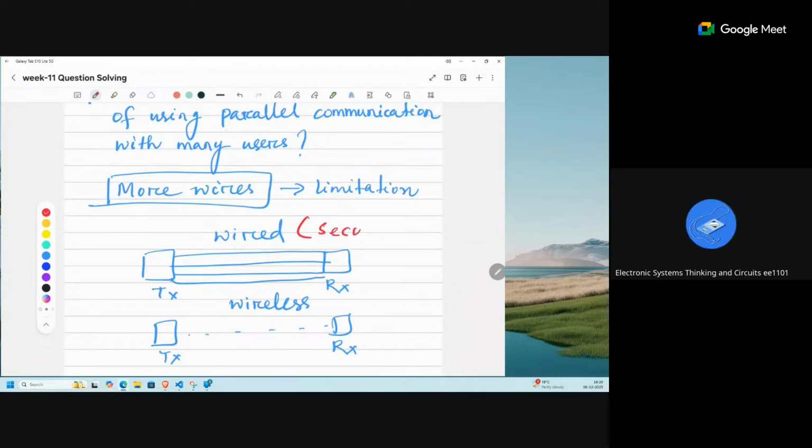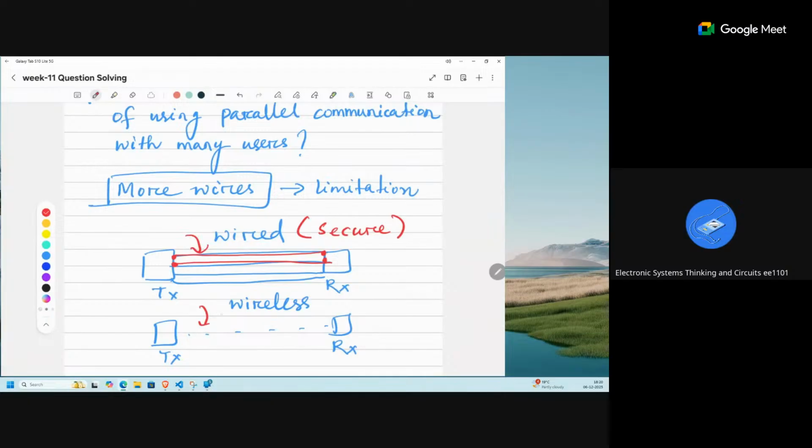Single medium means this end to end is protected through the wire, and this cannot be easily tampered with by other signals, right? Yes, ma'am. And in wireless, the signals can be distorted. Other signals can disturb this because of wireless. This is not protected.